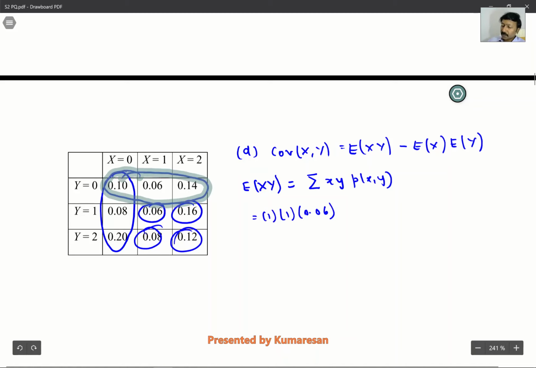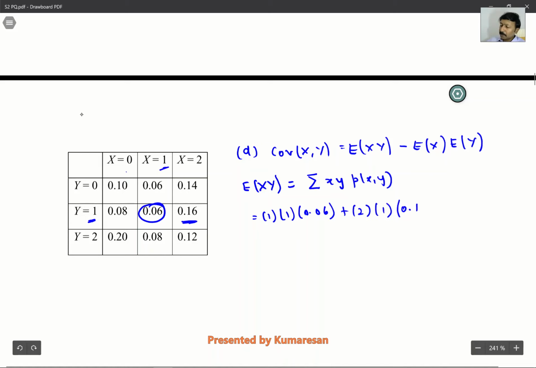Okay, so what I've written now here is the value of x is 1, the value of y is 1, the joint probability is 0.06, and then moving to the next one, the value of x is 2, the value of y is 1, the joint probability is 0.16. And moving to the next cell, value of x is 1, value of y is 2, the joint probability is 0.08.